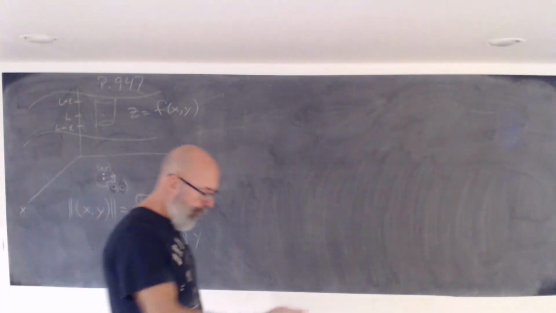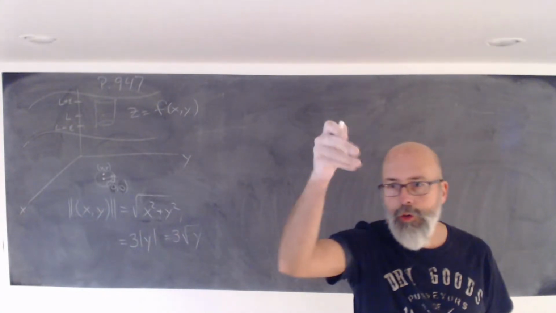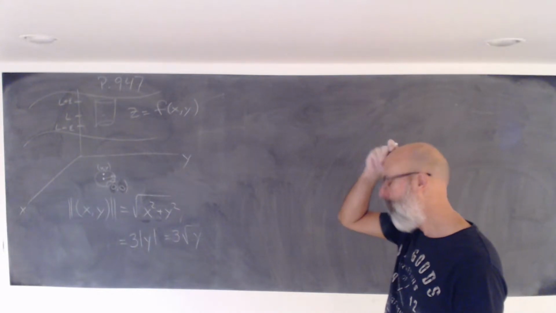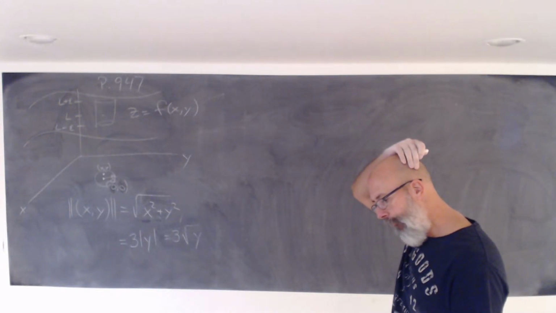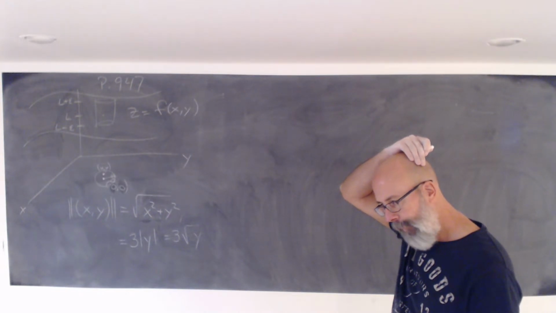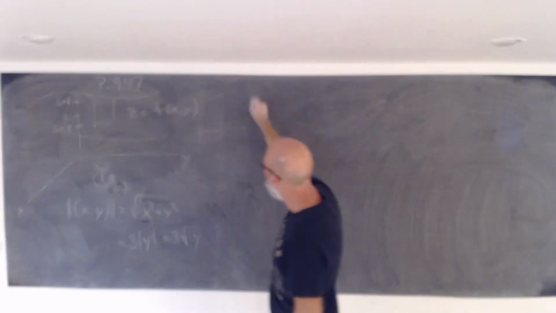And after the definition of limits in Cal 1, we use that to define the concept of continuity. And let's do that here. Definition.